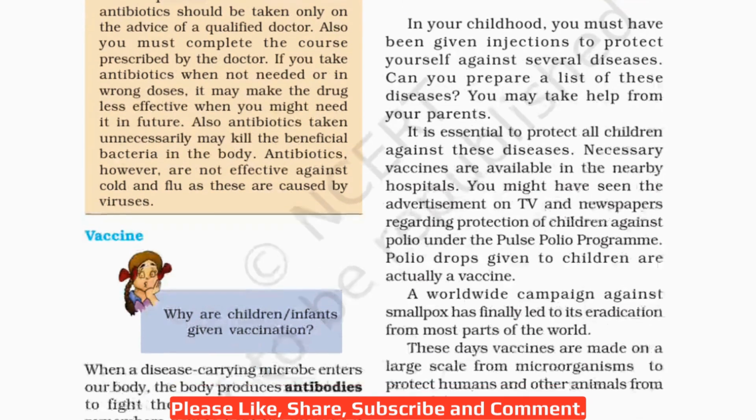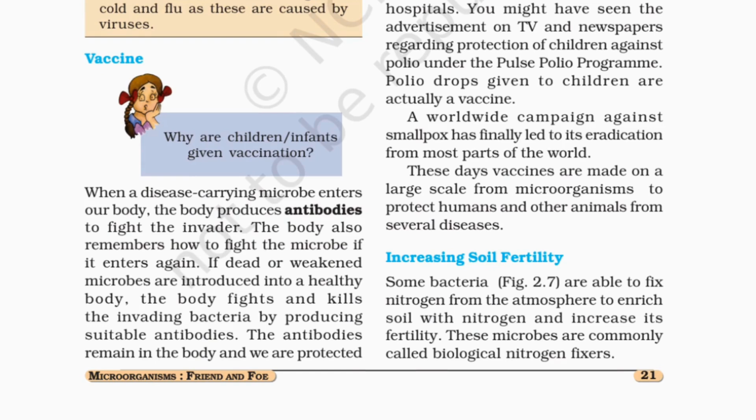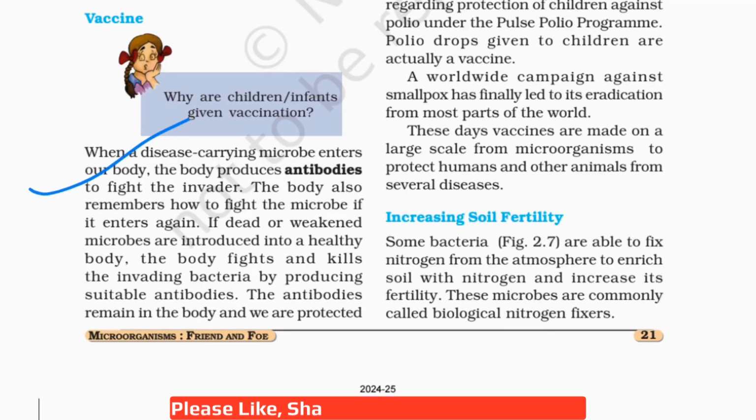Now, vaccine. Why are children and infants given vaccination? When a disease-carrying microbe enters the body, the body produces antibodies to fight the invader. So what are antibodies? Antibodies are like defenders. They defend our body from any disease.